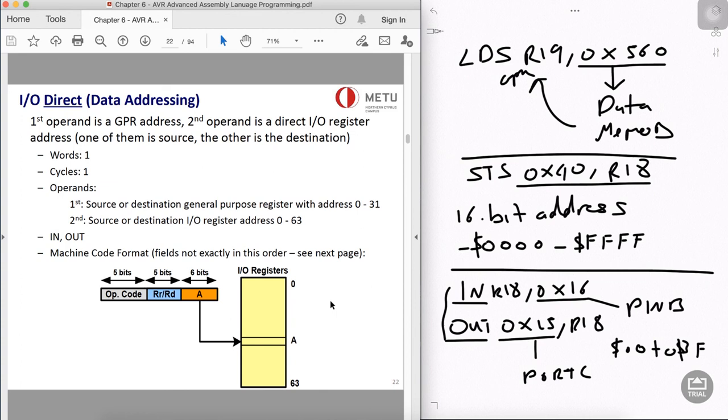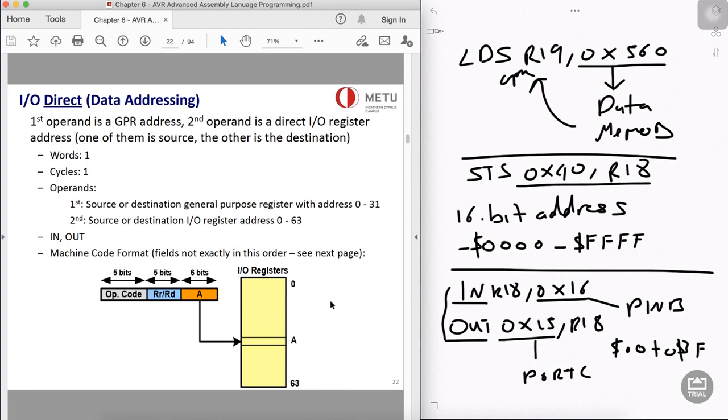Now, the next thing that we are going to consider is the memory indirect addressing, which is also important. And we might ask, why do we need indirect addressing as we have got direct addressing over there?